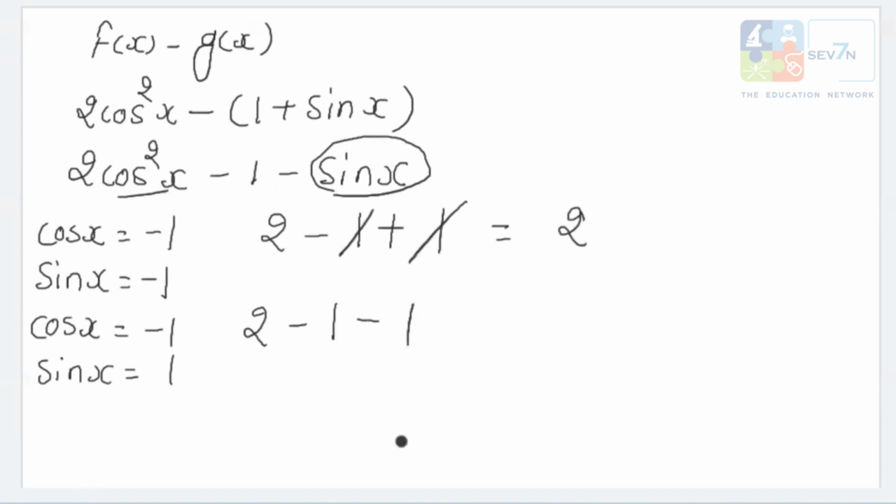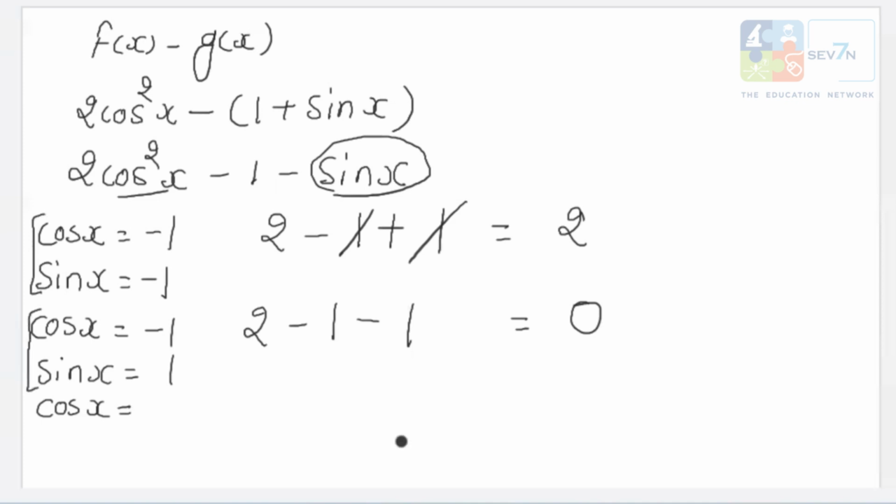In the earlier case, we have 0, okay? Because cos -1 whole square minus sin x plus. This is your first case. This is your second case.